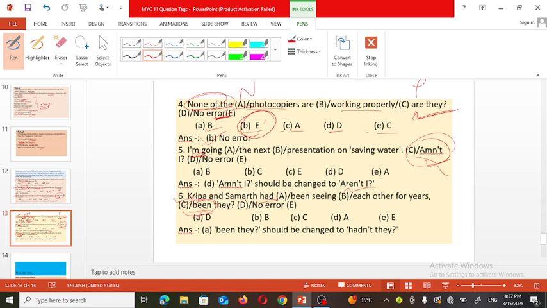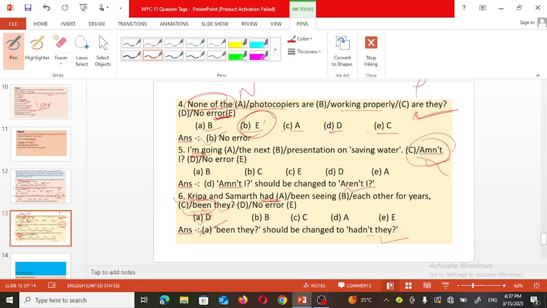The subject, Kripa and Samarth, is plural, so for that purpose we have used the tag pronoun "they". And as the auxiliary used in the sentence is "had", "hadn't they?" should be the answer. So the error is in the D part of the sentence, and D part is given for option A. So the answer for this question is A.